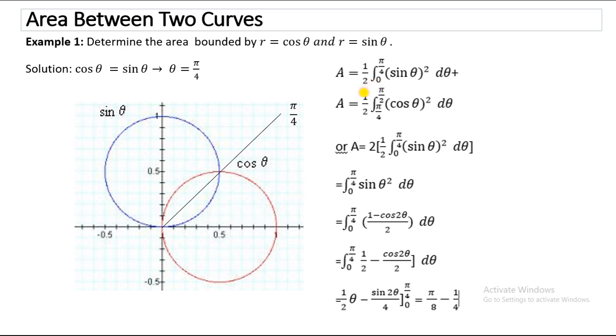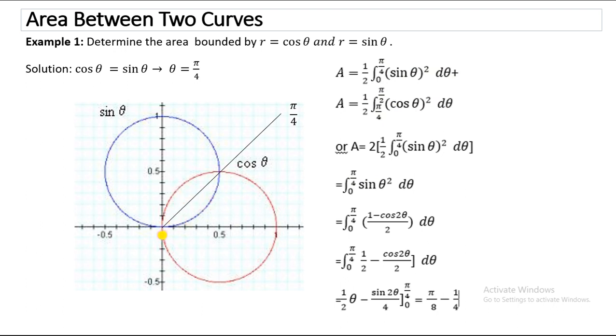Therefore, area equals half integration from 0 until pi over 4 of sine squared theta d theta, plus half integration from pi over 4 until pi over 2 of cosine theta squared d theta. Then this area adds to this area.